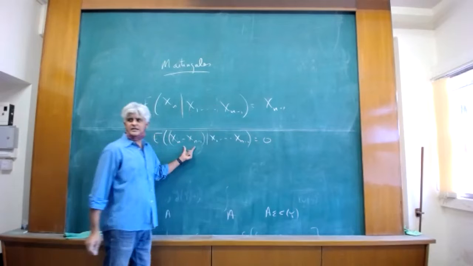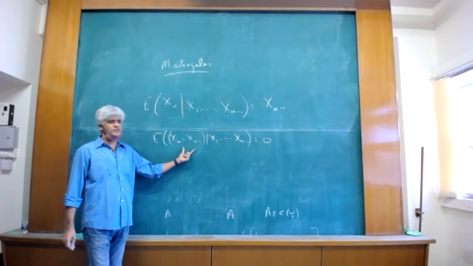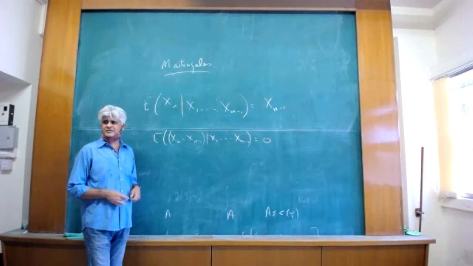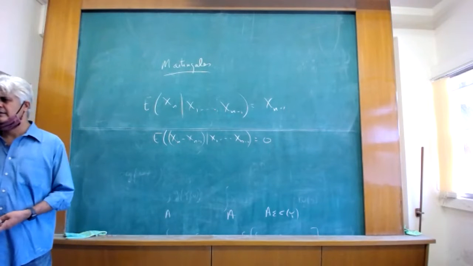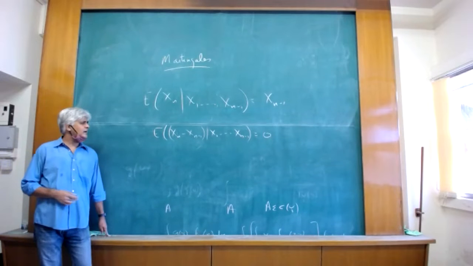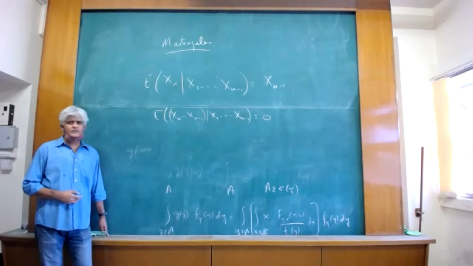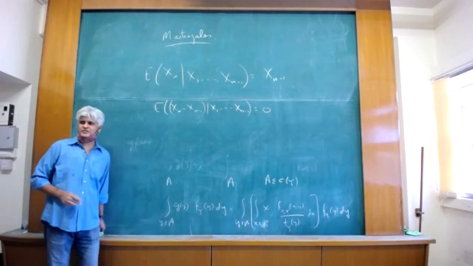This is a bet you place, and the amount you win or lose on average remains 0. If that's true for a stochastic process with some mild conditions which I'll give later, then you have a martingale. It would also hold for a larger filtration. I just want to motivate things right now.